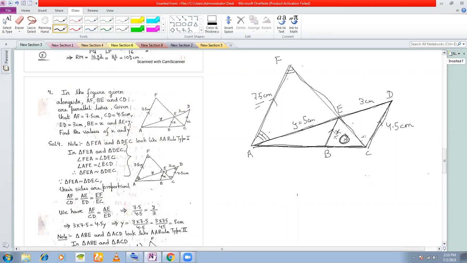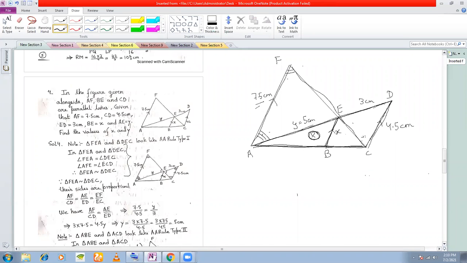Now I see in this triangle, okay, X is also a side of this triangle. You need to prove that this triangle here and ACD are similar because X is also the side of this triangle, right?